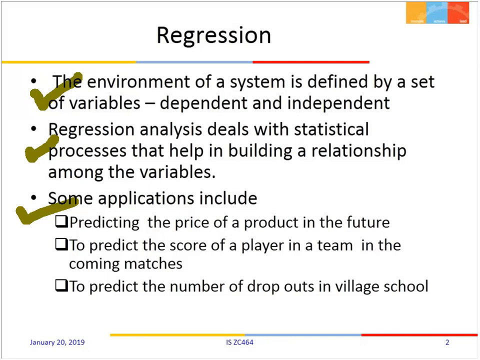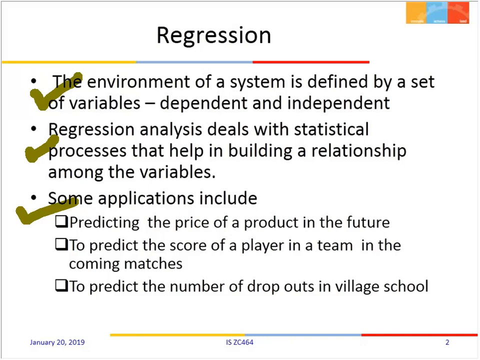So if you have to predict the price of the product in the future, then you have to understand what affects the price, which are those variables which we need to look at. So whether it is the requirement, the need, and the quality of the product, or it is different other kind of parameters which are defining the price.